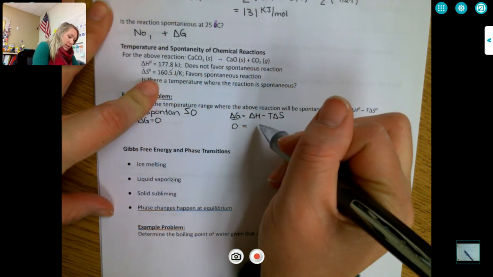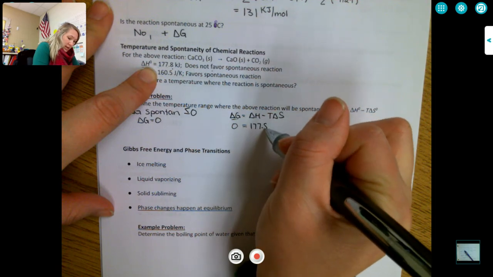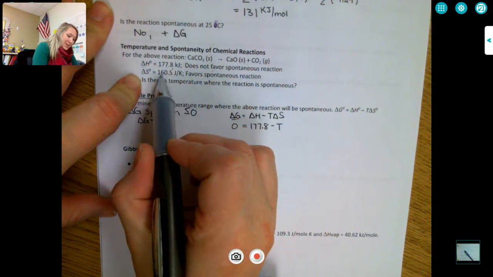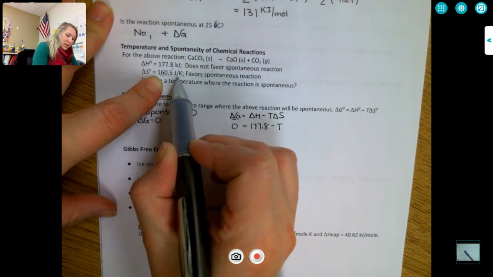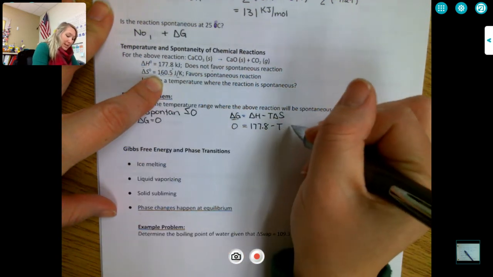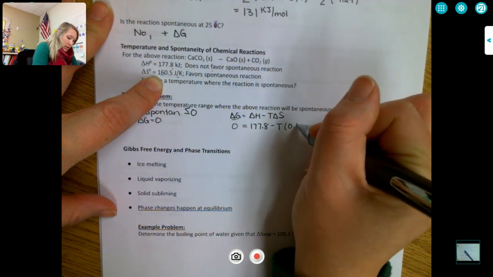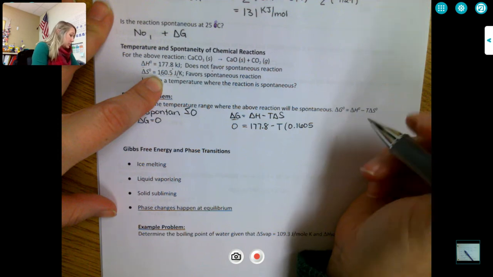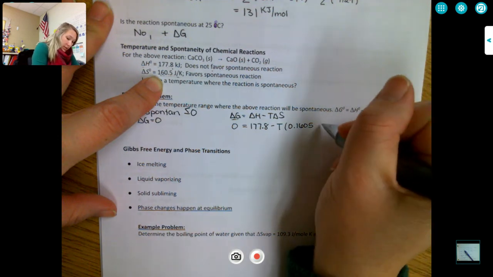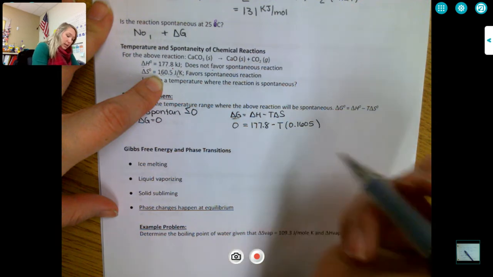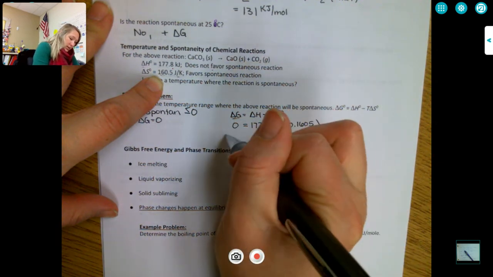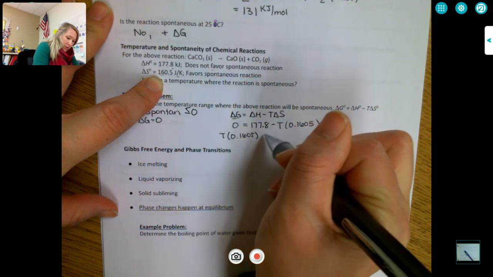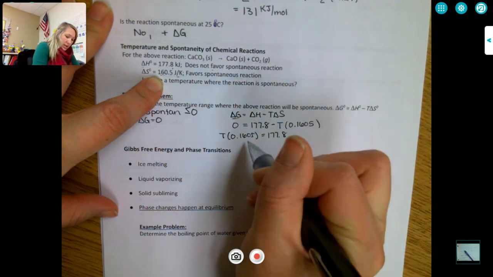I know my delta H, 177.8, minus the temperature, that's what I'm looking for, times delta S. One thing to note, delta S is in joules per Kelvin. So if I put that in kilojoules, that's 0.1605, because there are 1,000 joules in a kilojoule. I'll add this term to both sides, so T times 0.1605 equals 177.8, and divide.